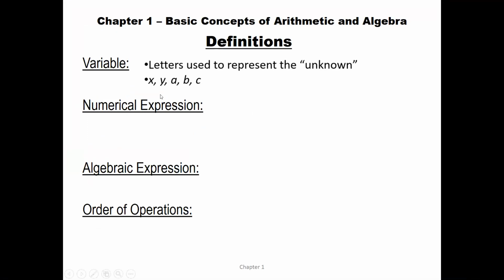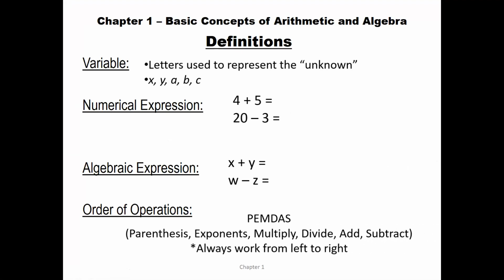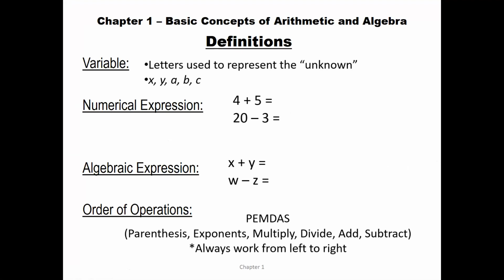We often use X and Y, but A, B, C, almost any of them can be done. A numerical expression is an expression, multiplication, subtraction, division, etc., involving only numbers, whereas an algebraic expression will have 1 or more variables.